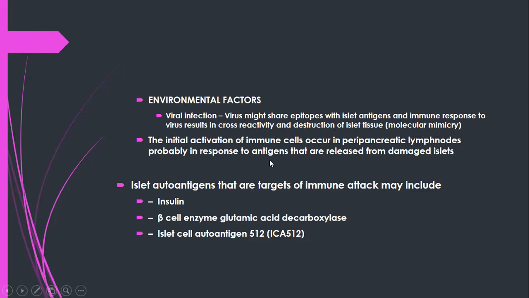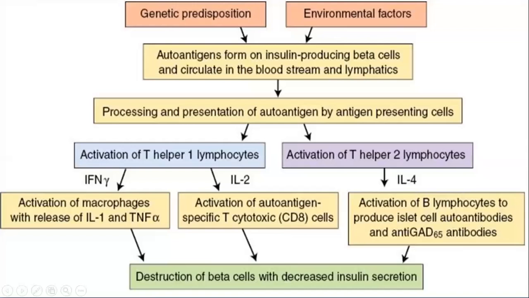Now, islet autoantigens that are targets of immune attack may include insulin, beta cell glutamic acid decarboxylase, and islet cell autoantigen 512. So this diagram briefly summarizes the pathophysiology for type 1 diabetes mellitus. Okay? So several predisposing factors would lead to formation of autoantigens on insulin-producing beta cells, and these circulate in the bloodstream and lymphatics.